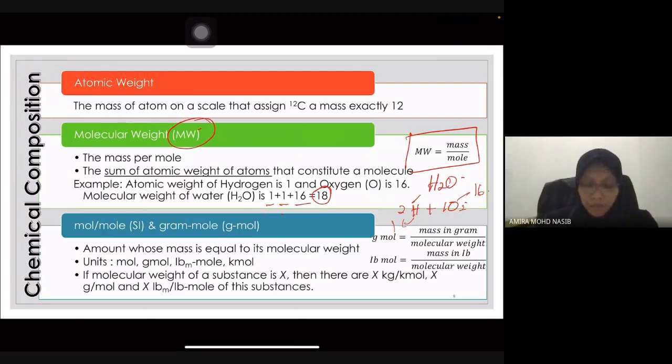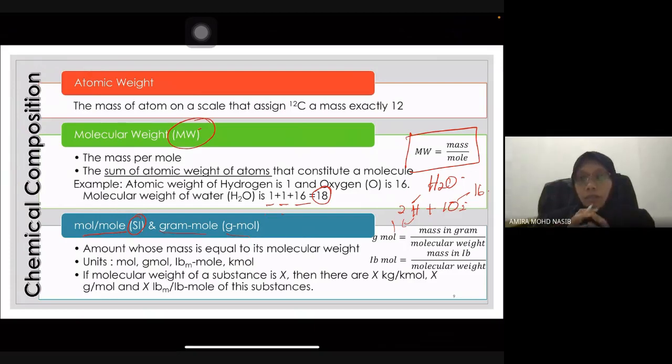Okay. Next, we recall what a mole is. A mole in SI unit is the gram mole, or g mole. It's the same thing actually. It is the amount whose mass is equal to its molecular weight.